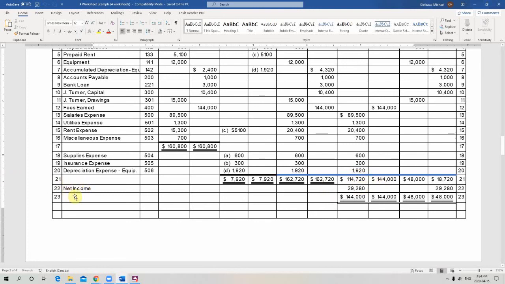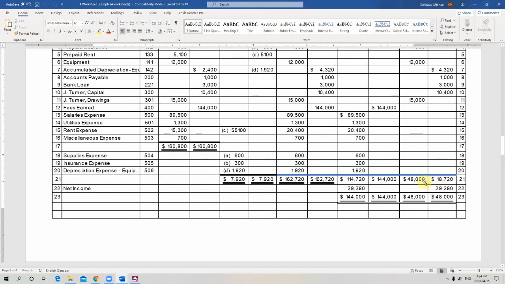So notice over here it says net income on that line. And we add the difference to the smaller amount. So in this case, 29,280. Now we do the same thing for the balance sheet. You'll notice that 48,000 on the debit side, 18,720 on the credit side. They're not balancing.